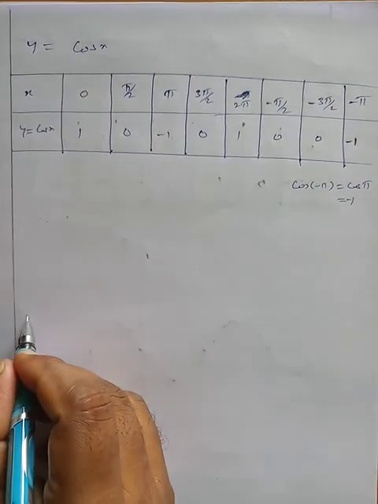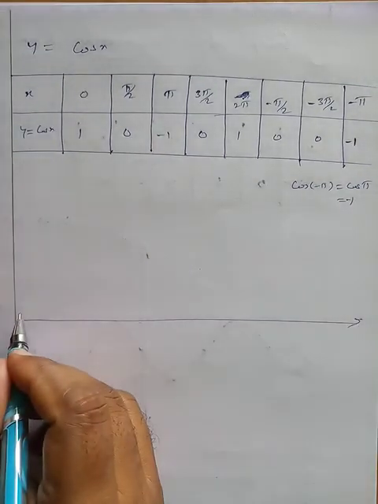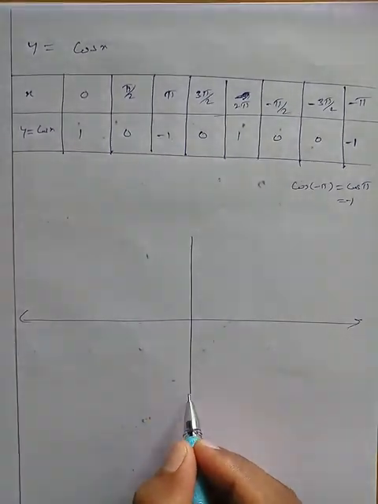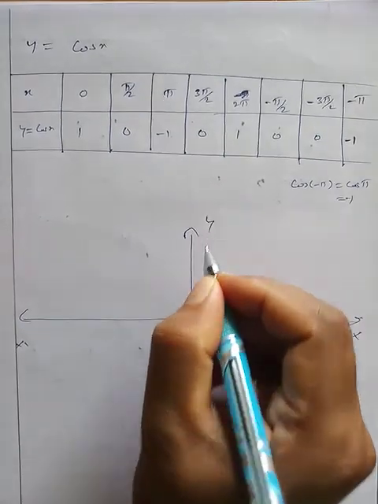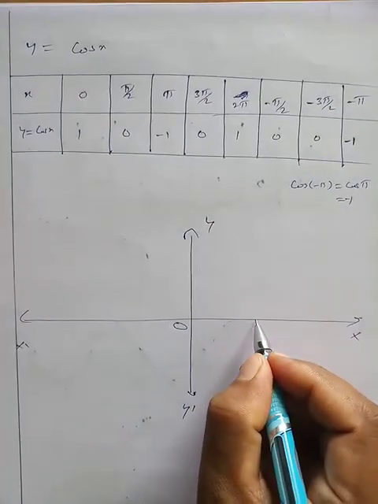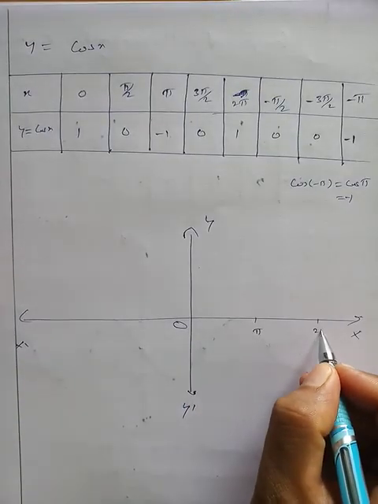Now the diagram. X dash, origin, y dash, pi, 2 pi.